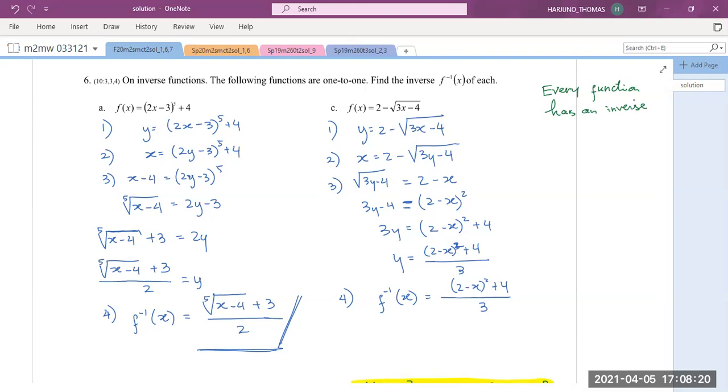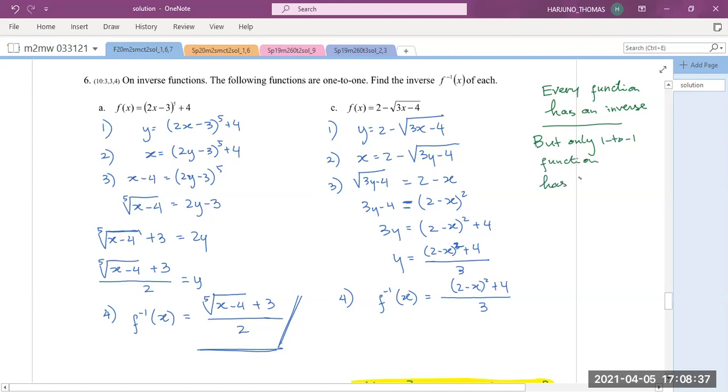That's the inverse of the function. But only a one-to-one function has its inverse as a function.